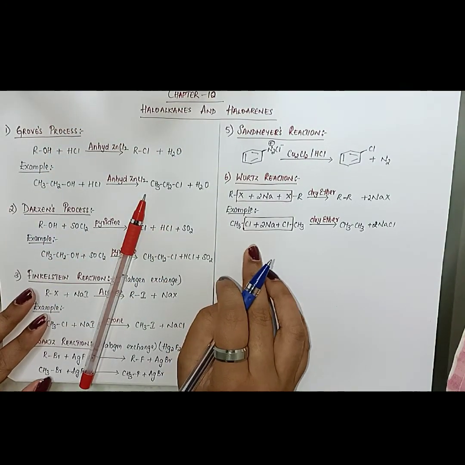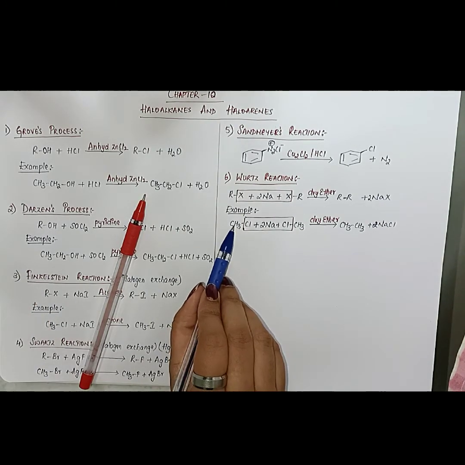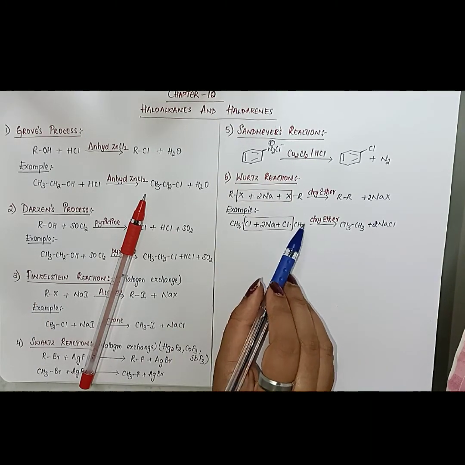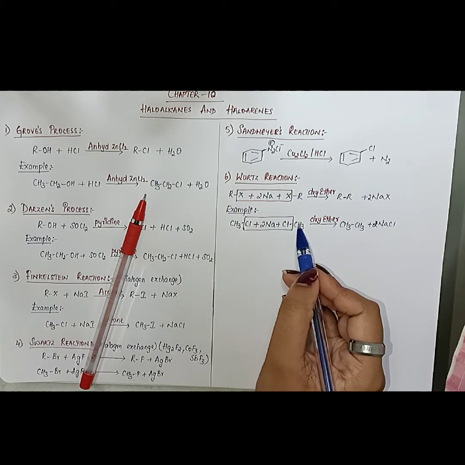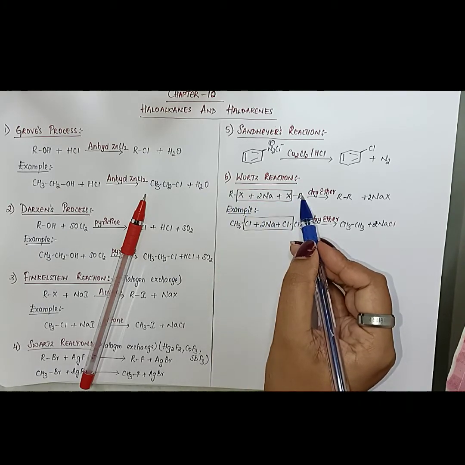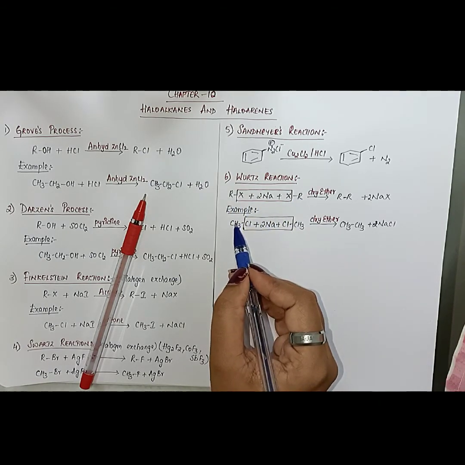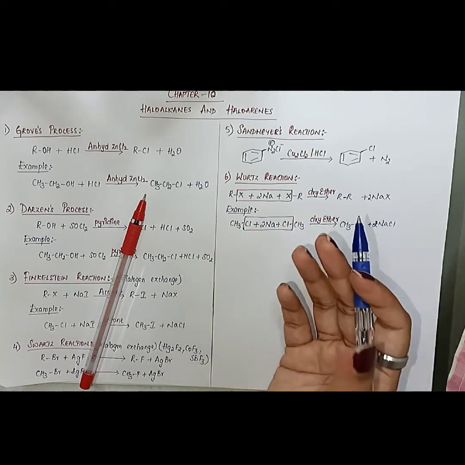Now, instead of having, say, methyl group here and methyl group here, I can also have a mixture. I can have methyl here and I can have ethyl here. So it's not necessary both the R groups have to be the same. One can be methyl, the other can be ethyl, but both have to be an alkyl chain only.